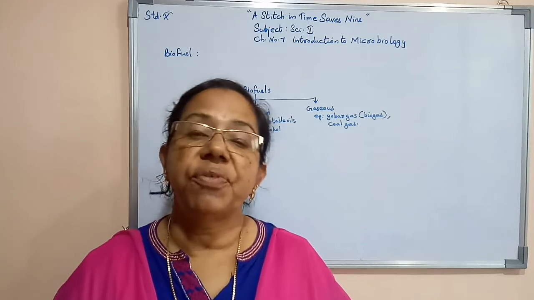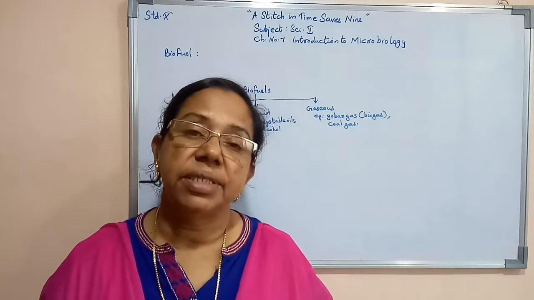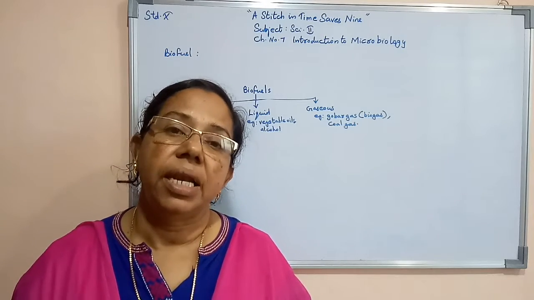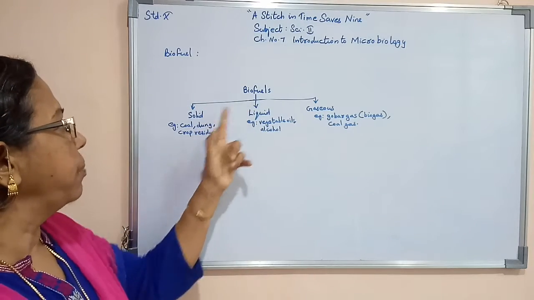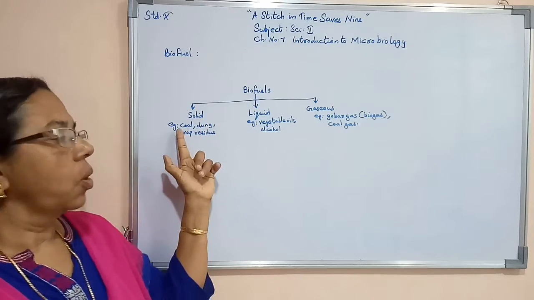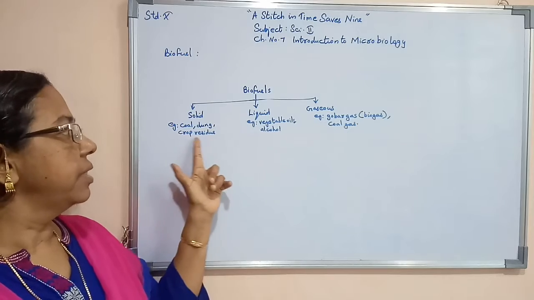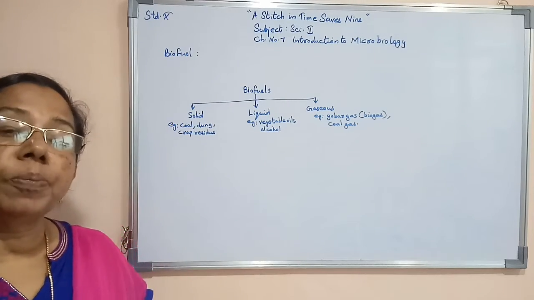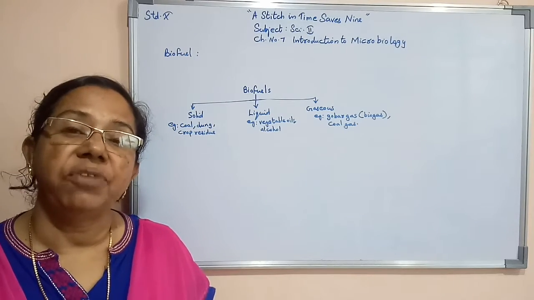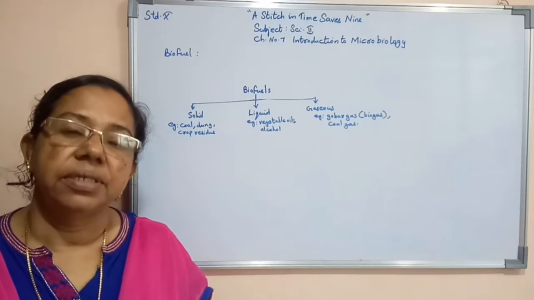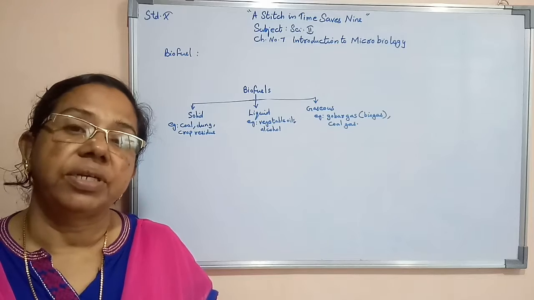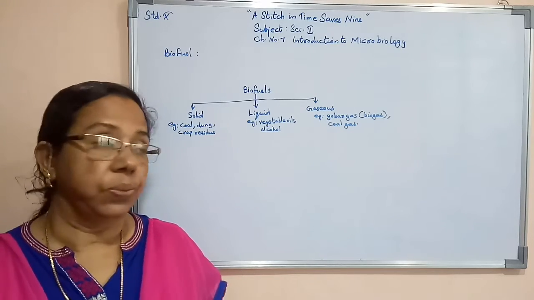Here there are different types of biofuels. They are solid, liquid as well as gaseous. Solid types of biofuels are coal, dung, then crop residue. Crop residue means rice plant, wheat plant. After harvesting, the waste product occurring is known as crop residue.